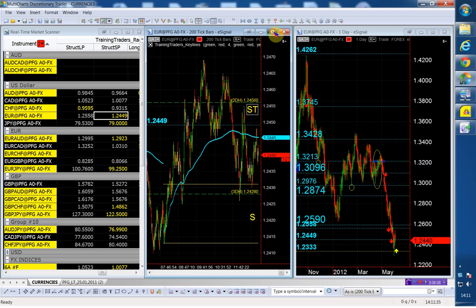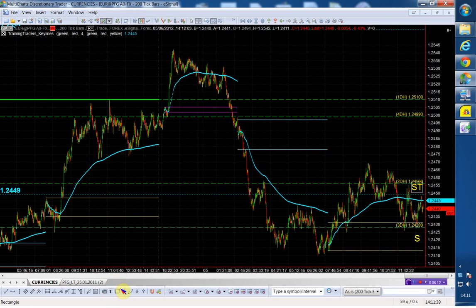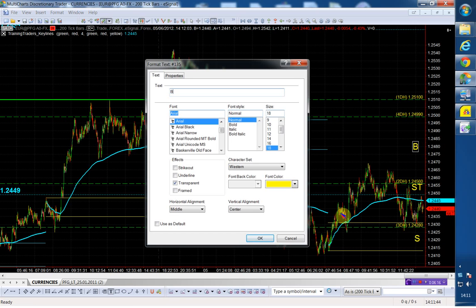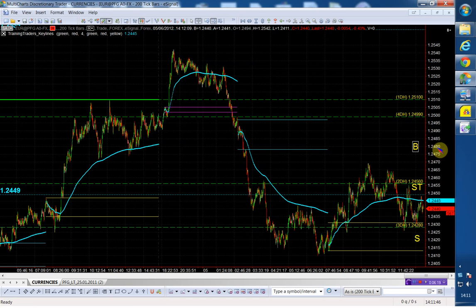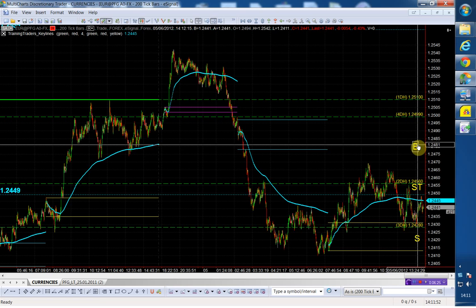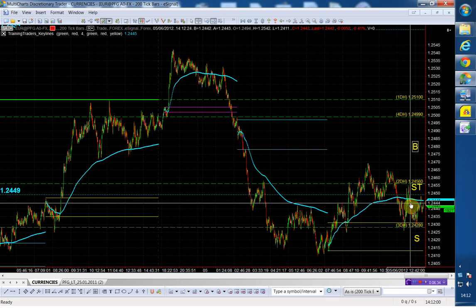Going up, this is where I can buy it. 124.80 would be my buying point, so it will be above this structural point. So I'll buy it above 124.80. I'm going to use the structural point, the 124.49, as my stop. So it's going to be my long stop and my short stop.